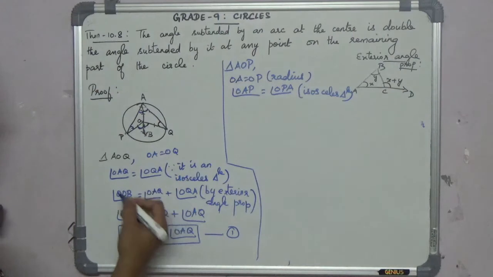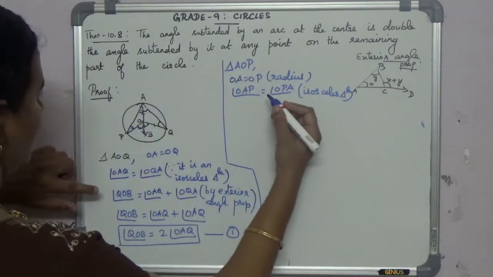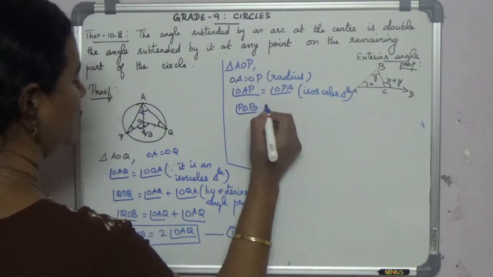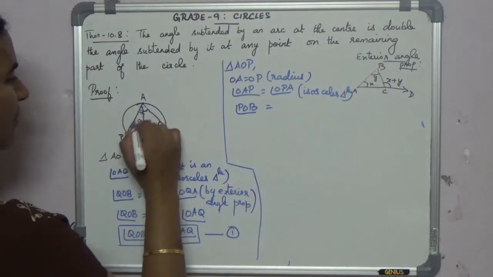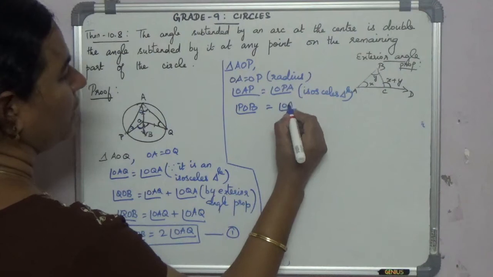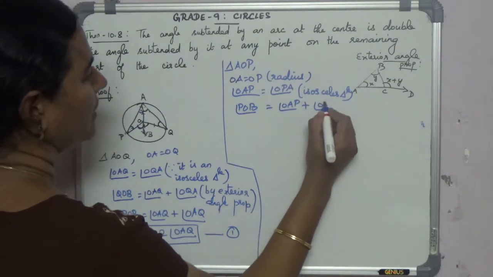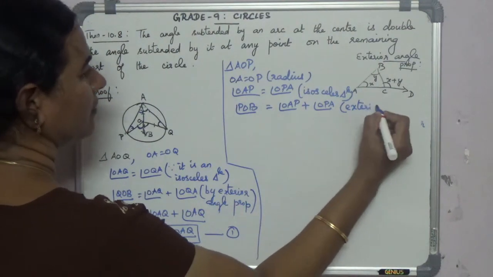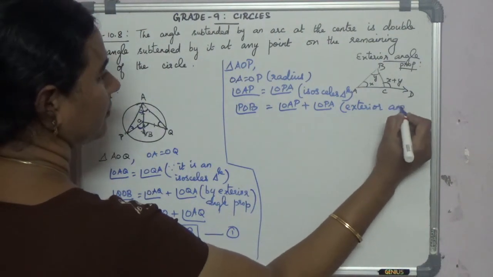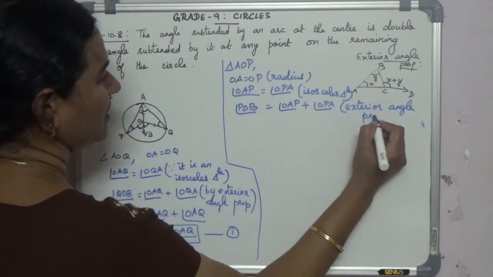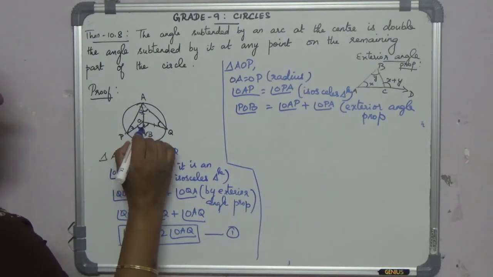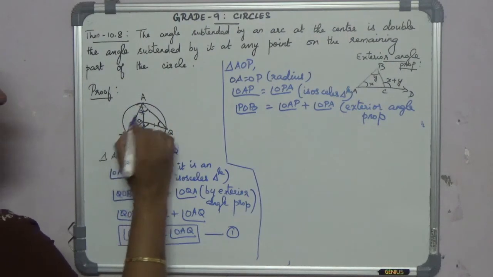Now as usual, as we did here, we have to complete. So the exterior angle, angle POB will be equal to the sum of these two angles, angle OAP plus angle OPA. The reason is exterior angle property. What is exterior angle property? The exterior angle is equal to the sum of two opposite interior angles.